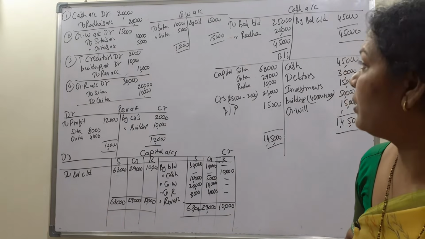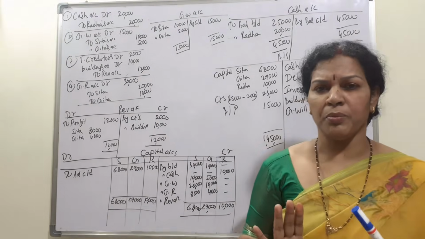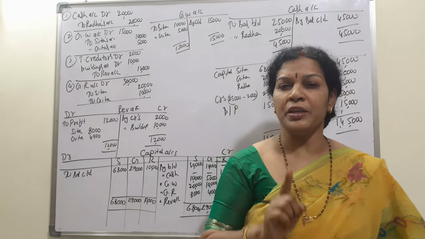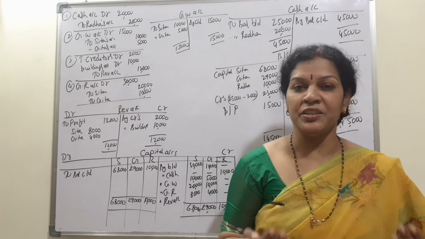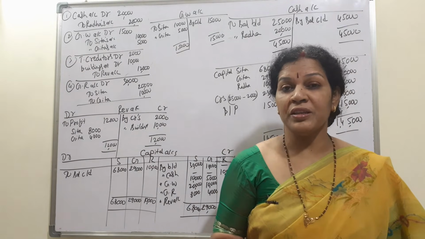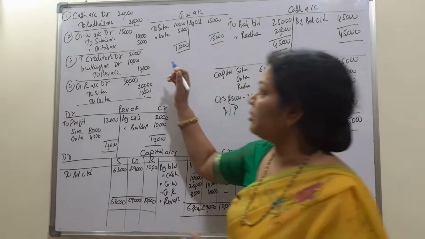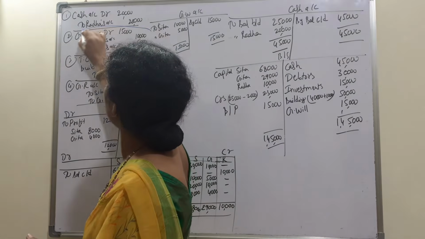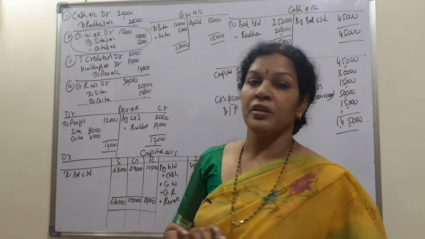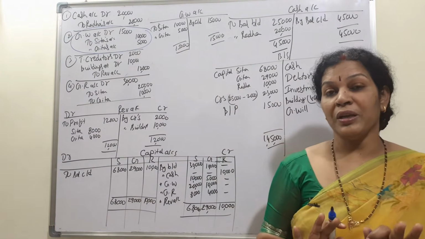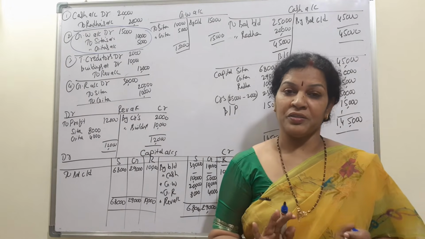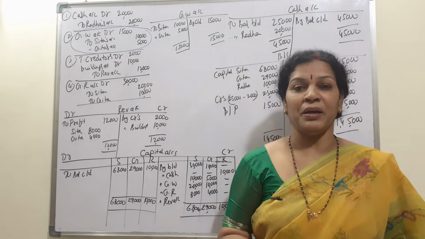Let me explain once again. In this problem, goodwill is not brought in by the new partner. Goodwill is created. When goodwill is created, the goodwill account is attached to the old partners' accounts. Remember this entry. It is created and shared by the partners.